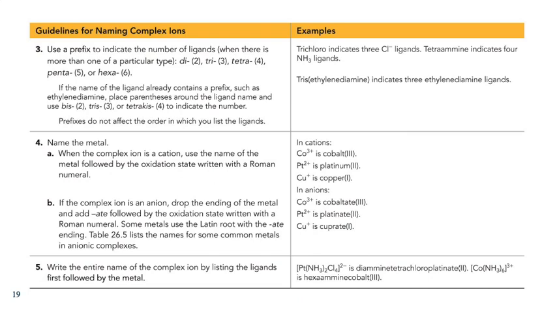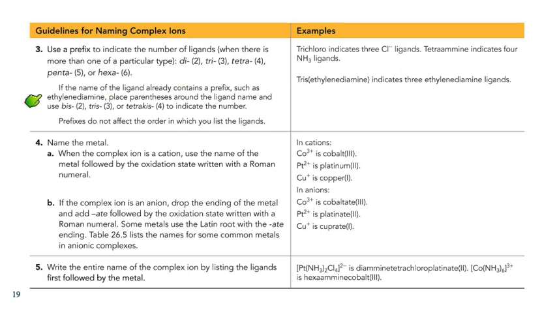We use prefixes to tell how many ligands there are if there's more than one of a particular kind. So we use a di for 2, tri for 3, tetra for 4, penta, 5, hexa for 6. So if we see something that's like trichloro, that has 3 chloride ligands. Tetraamine would be 4 ammonia ligands.